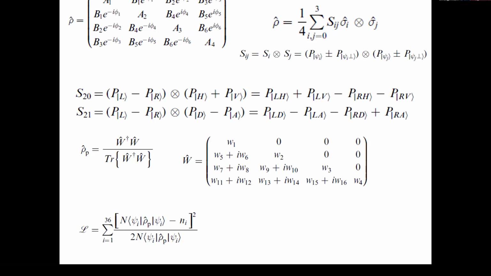So you need to impose certain additional constraints when you are reconstructing your density matrix. Those constraints come from this auxiliary matrix, which is defined in this fashion, and then you minimize the log likelihood function. It's a minimization routine, and you minimize this figure of merit.